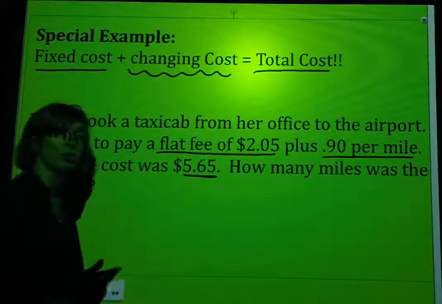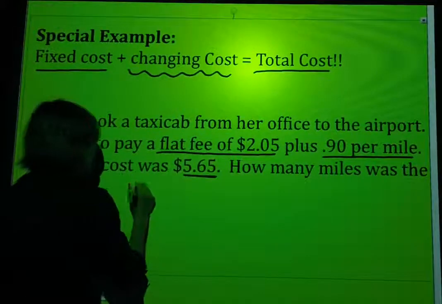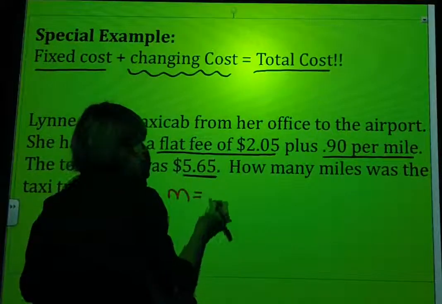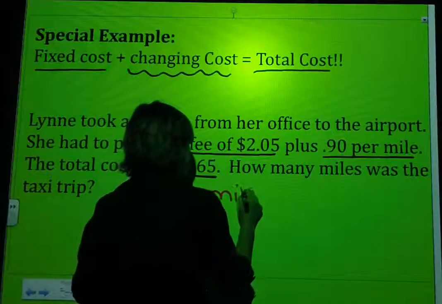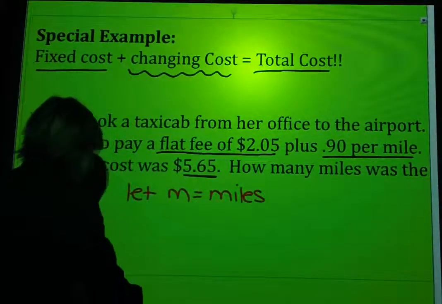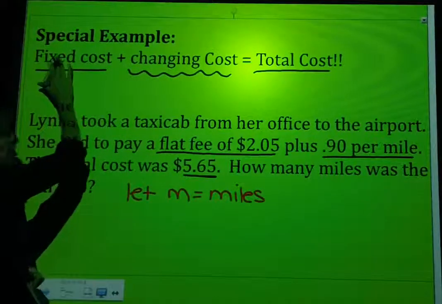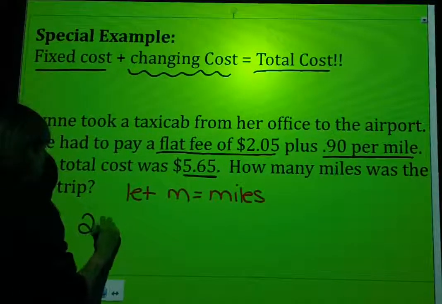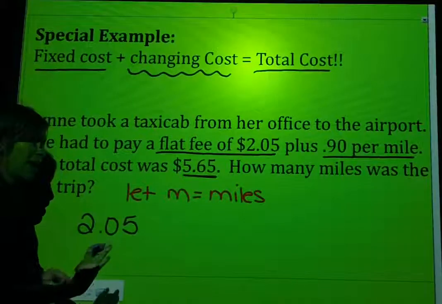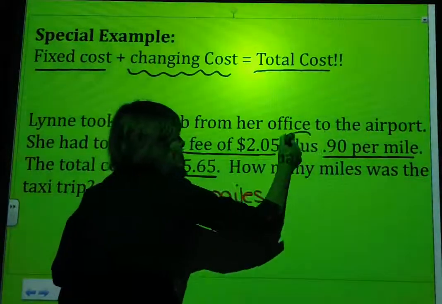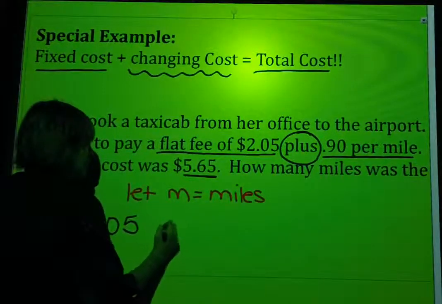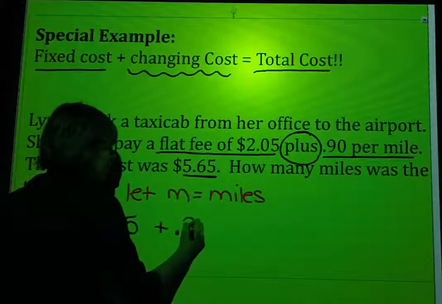All right, so we're going to go through our let statement. We're going to let M equal the miles of the trip. All right, so my flat fee, that's my fixed cost. That would be $2.05. That's not going to change. There's that word that helps me, plus 90 cents.